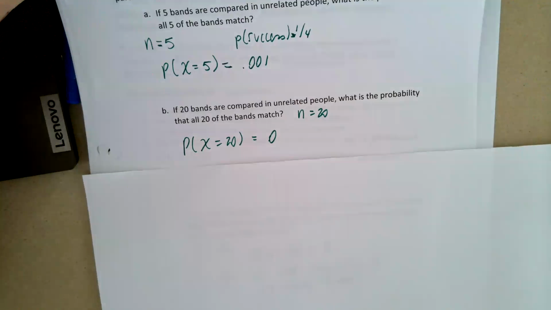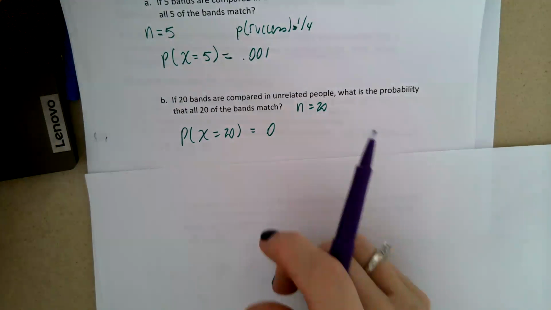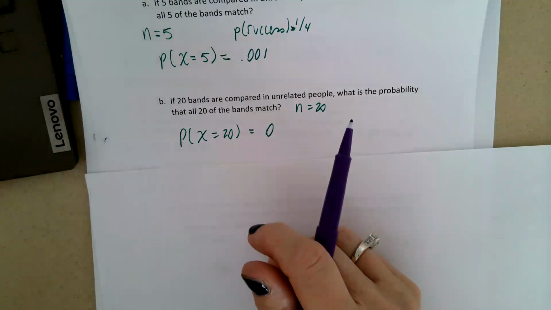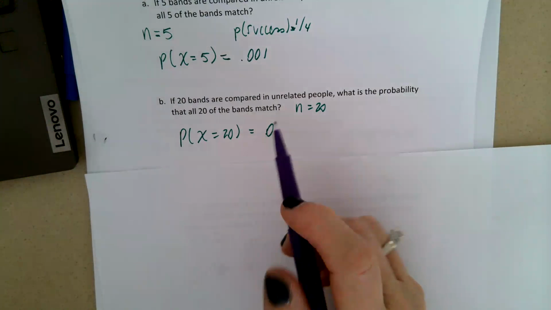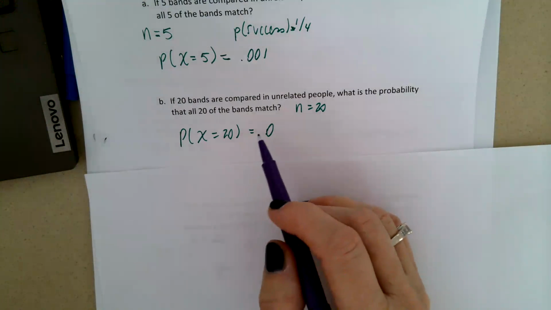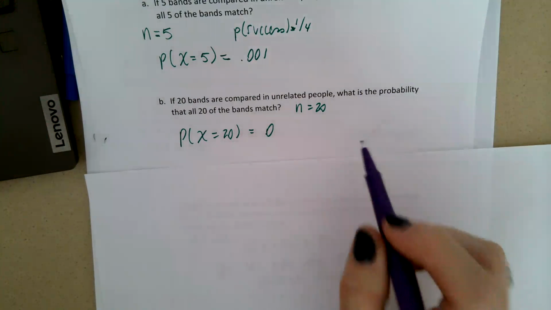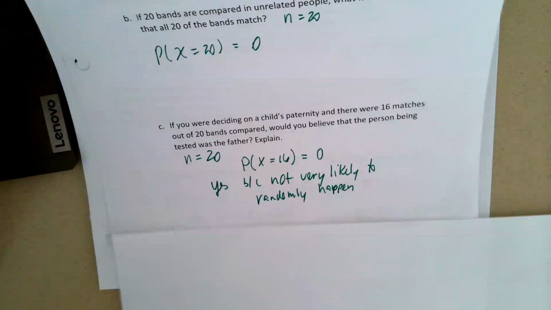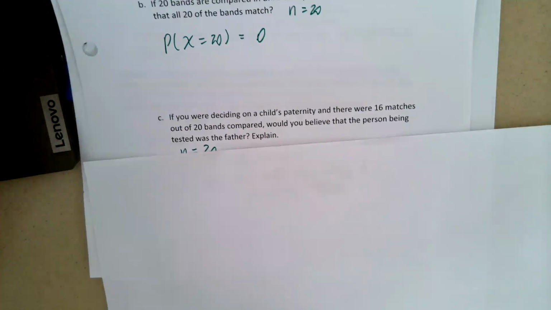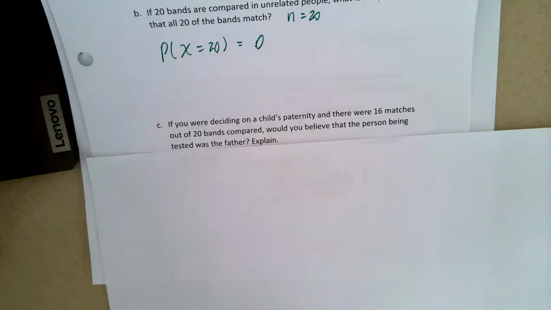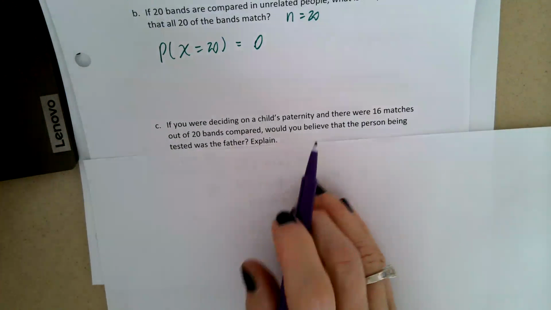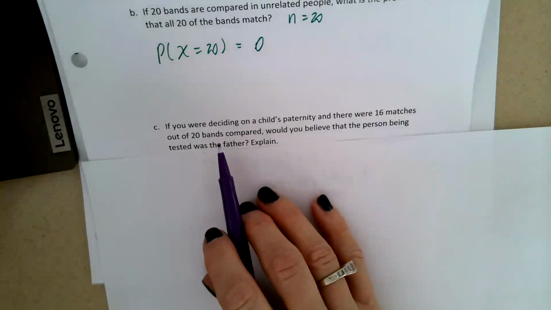If 20 bands are compared in unrelated people, what is the probability that all 20 of the bands match? And if you put this into decimals, it comes out to be almost 0. So that's what it's going to show as 0 when you look at the distribution. So if you were deciding on the child's paternity and there were 16 matches out of 20 bands compared, would you believe that the person being tested was the father?